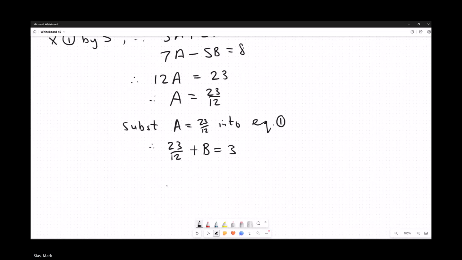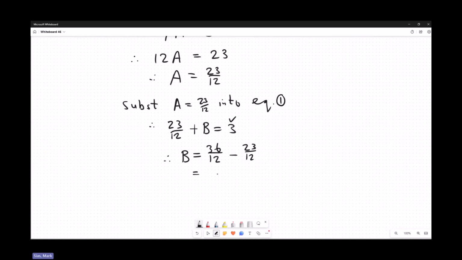Therefore, b is equal to, what is 3? Well, 3 is 36 over 12. This 3 can be written as 36 over 12 minus 23 over 12. So 36 minus 23 is 13 over 12. And there's your b. Okay?